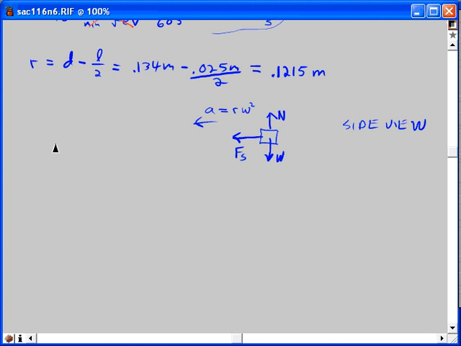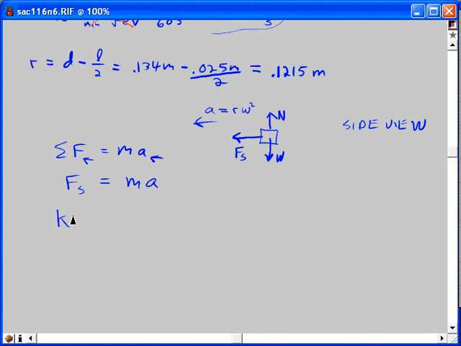Okay, we can sum the forces to the left in that diagram, set it equal to the mass times the acceleration to the left. Only force to the left is that spring force, and the acceleration is indeed to the left. I use the symbol A to represent that. So, rather simple application of Newton's second law.